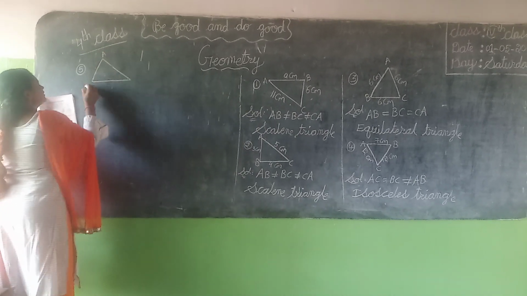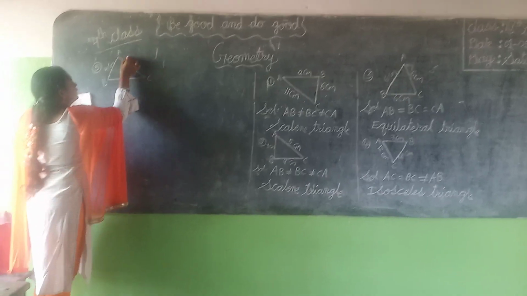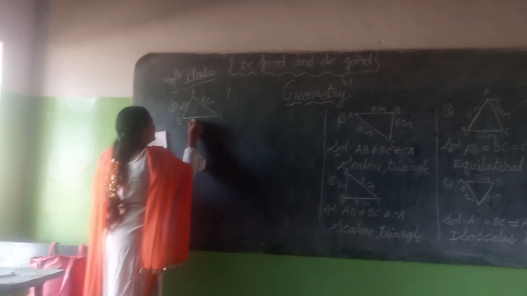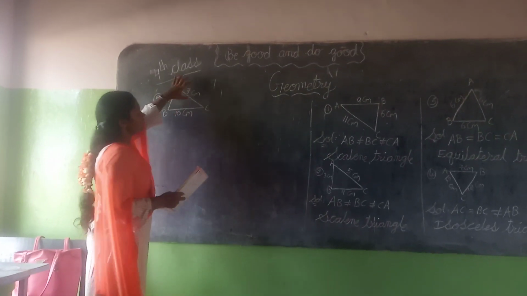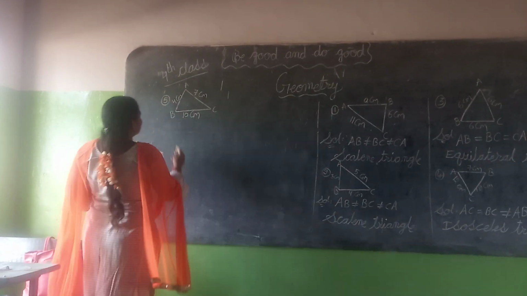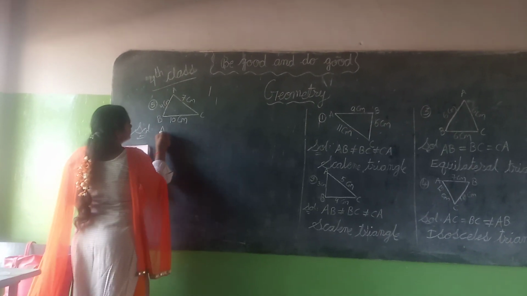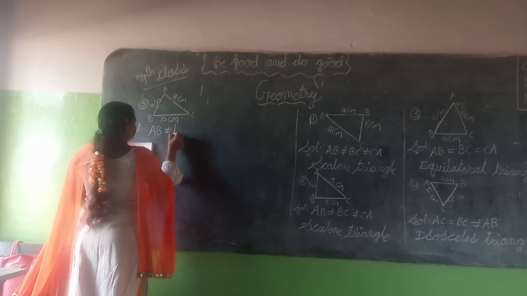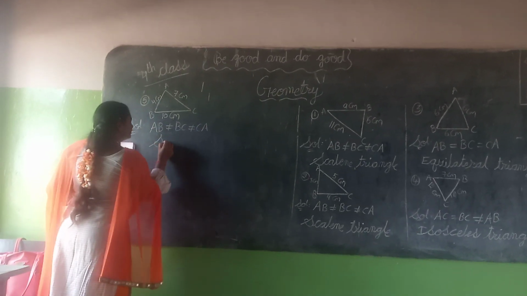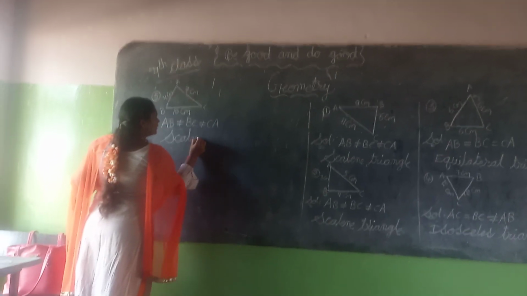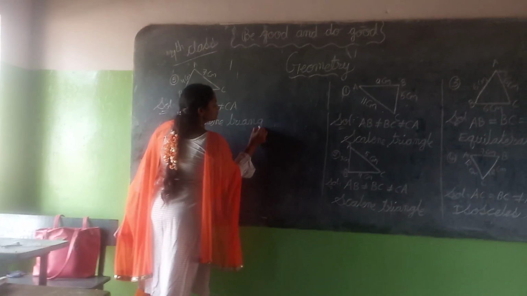With vertices A, B and C, this side is 4 centimeters, this side is 7 centimeters, this side is 10 centimeters. So three sides are different lengths. That triangle is a scalene triangle. So write that.